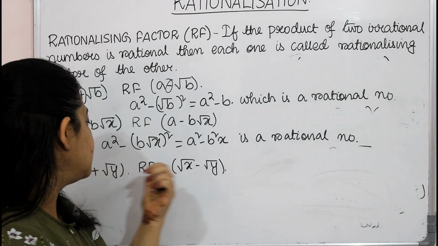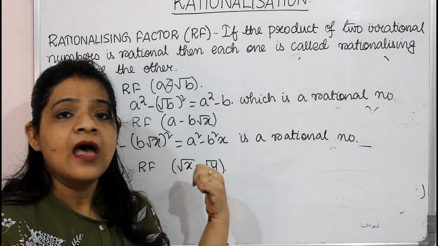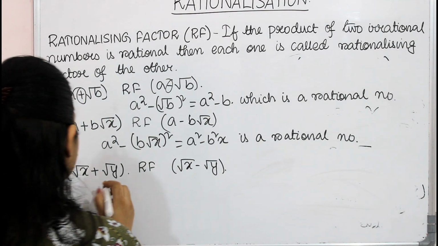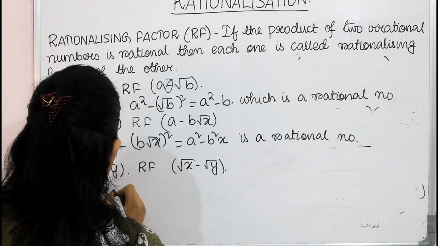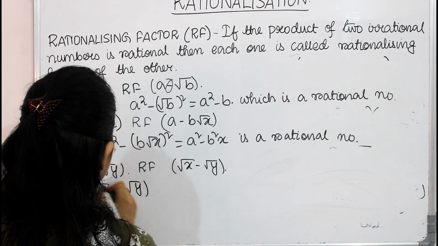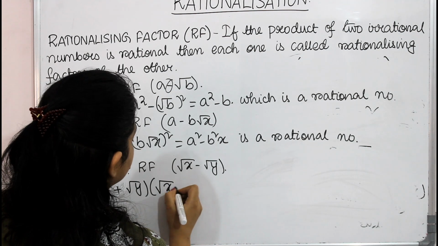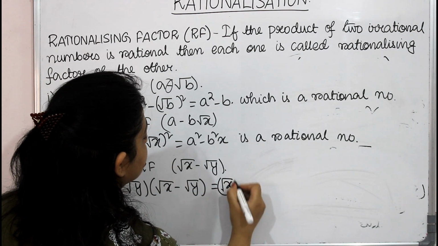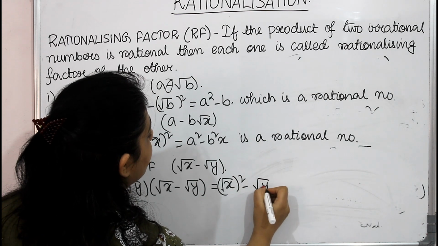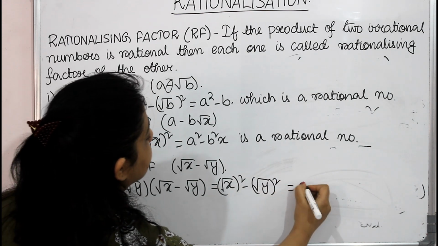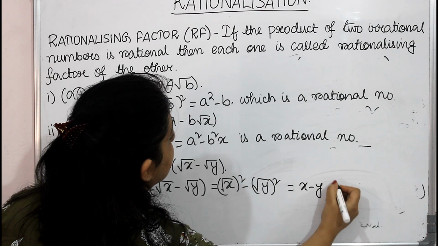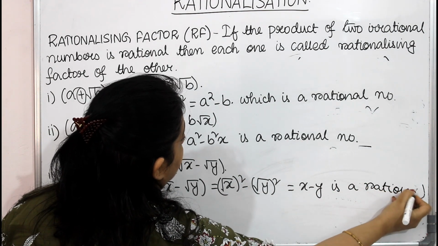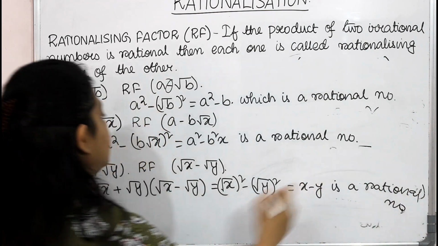Everything remains as it is, only the plus sign has been changed into minus sign. Now root over x plus root over y into root over x minus root over y gives us root over x whole square minus root over y whole square, that is x minus y, which is a rational number.